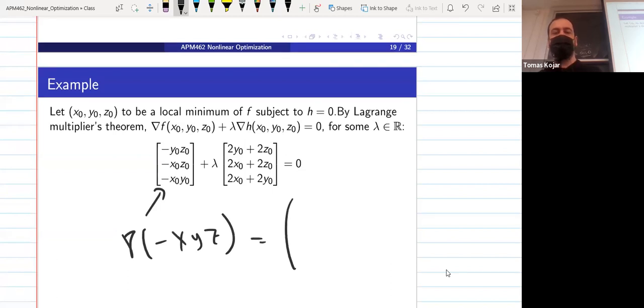Can someone tell me the first component? What's the first component? What do you think? Anybody? Do you know?